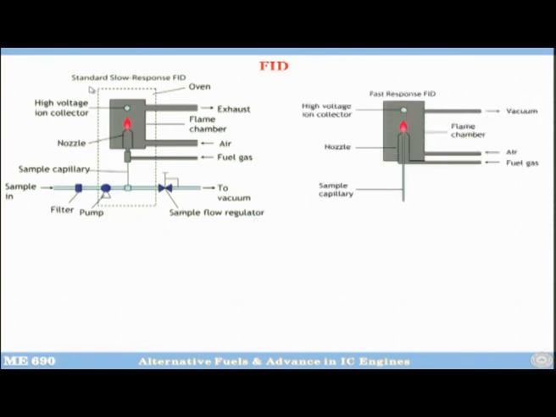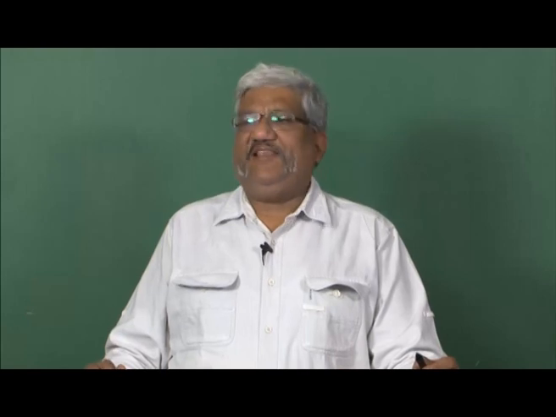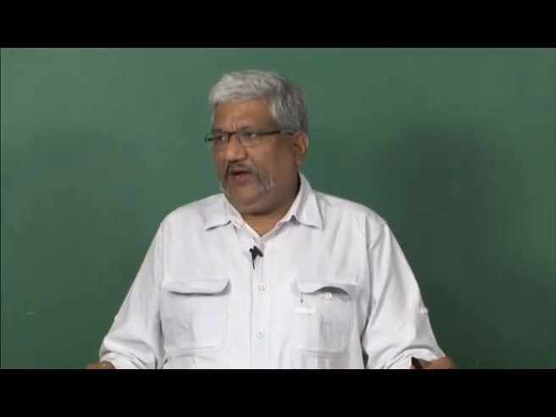So, this is basically standalone slow response FID. So, slow response FID means what? Normally we use slow speed FIDs only in our measurements. Actually FID is a very fast process. Okay. So, FID is quite fast, but what is slow is the sample handling system. Why is it slow?